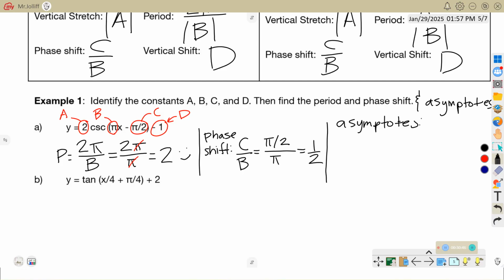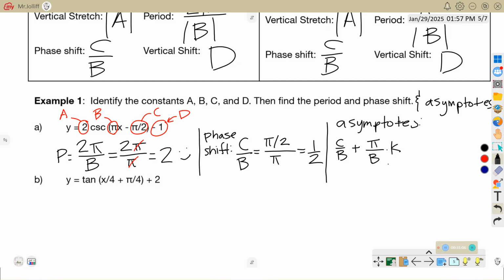Cosecant and cotangent have the whole pies. So this should be C over B plus pi over B times K. Because the original asymptotes were at pi K, dividing it by B.